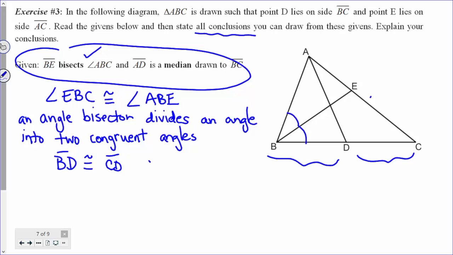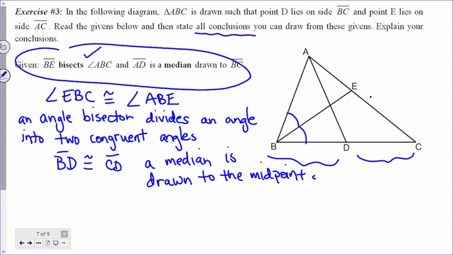Well, that's because a median is drawn to the midpoint of the opposite side.